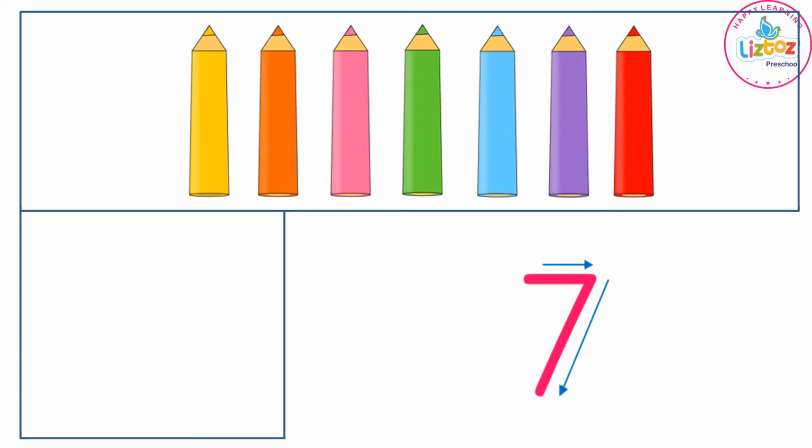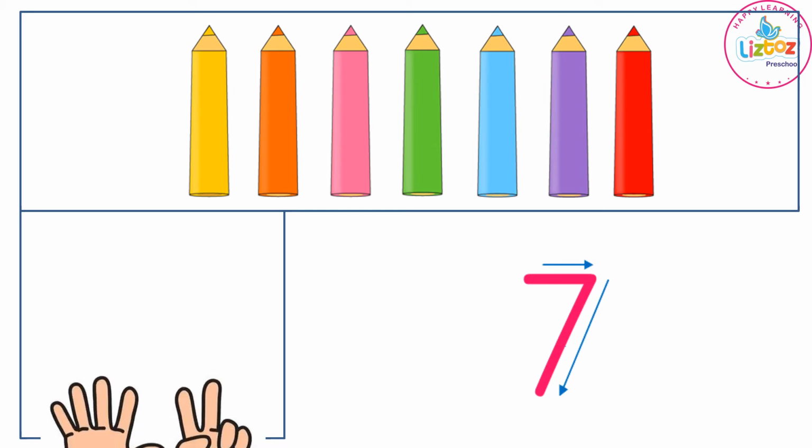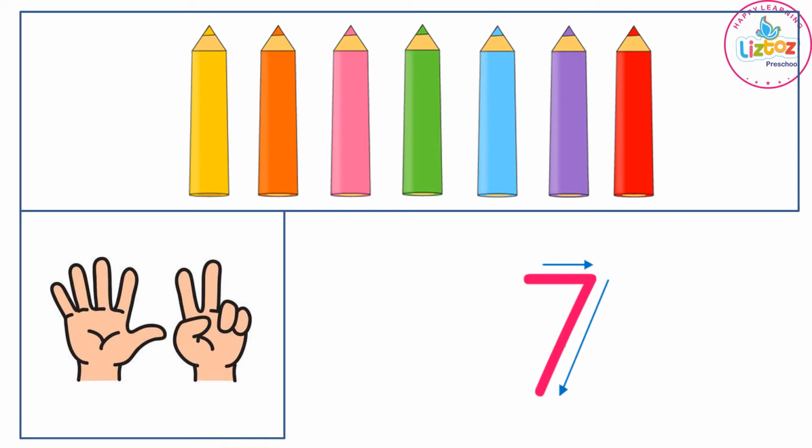Number 7. Okay. Now see children, how many fingers are there? Let us count. 1, 2, 3, 4, 5, 6, 7. Okay.